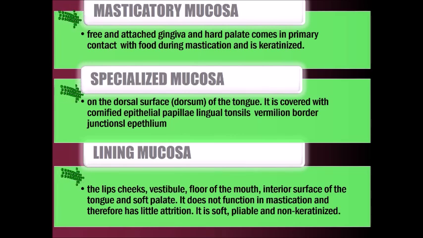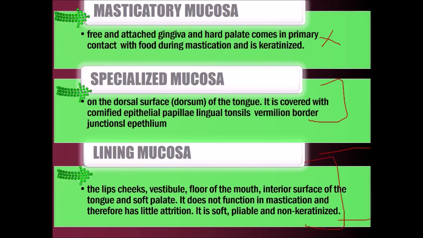The junctional epithelium and the lingual tonsils are non-keratinized, while the anterior two-thirds of the tongue and the vermilion border are keratinized. Removing the palate, the gingiva and the four specialized mucosa sites, all the remaining mucosa inside the cavity will be lining mucosa, non-keratinized epithelium.